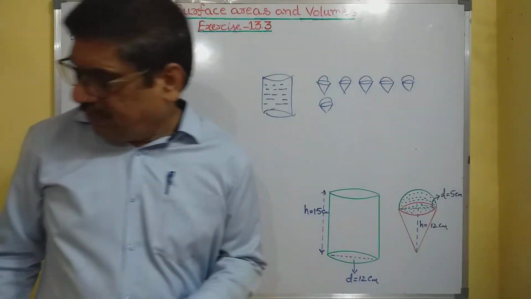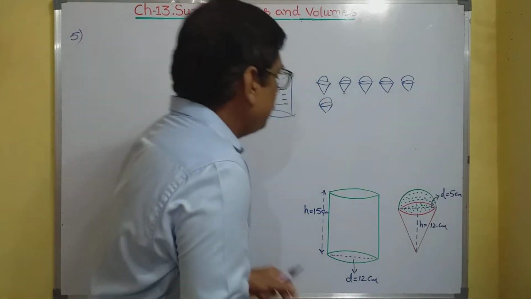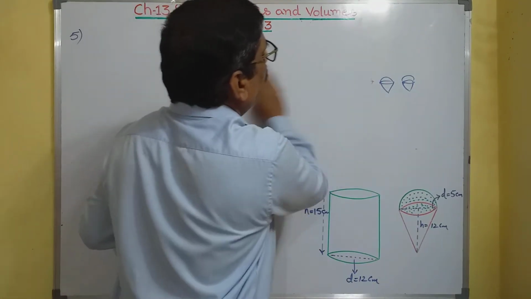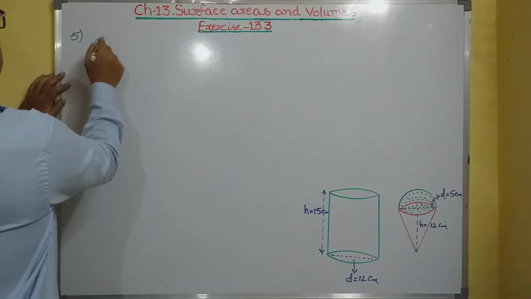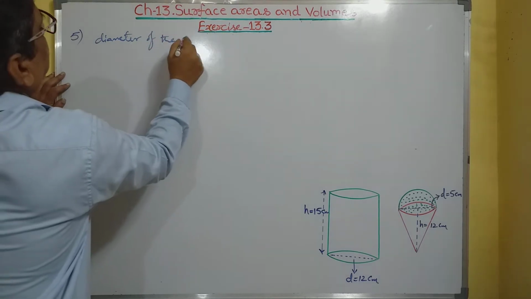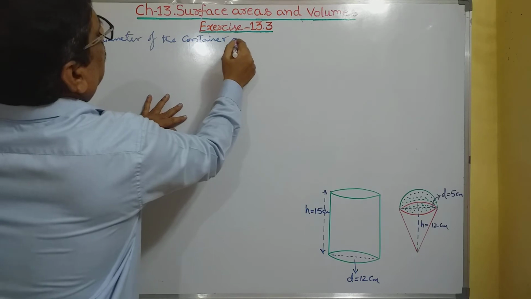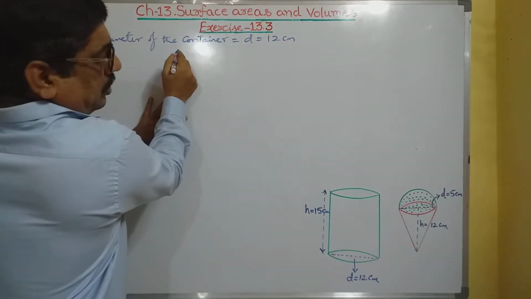So this information I have drawn like this. See, here I have drawn the same diagram clearly. Now you look at this. Here, the diameter of the container. What is the diameter of the container? D is equal to 12 centimeters.